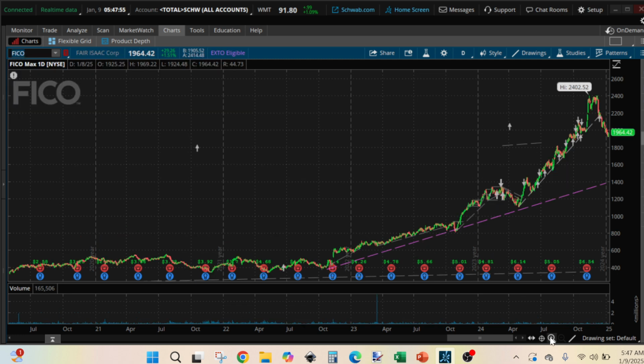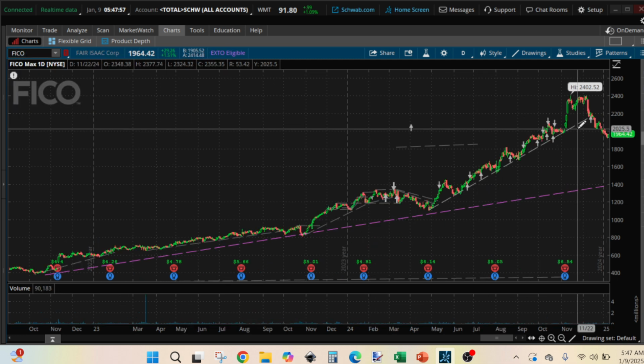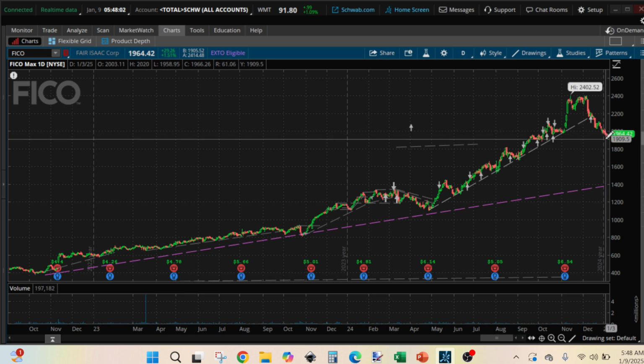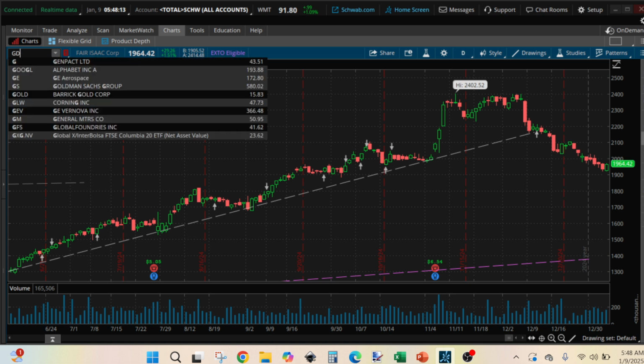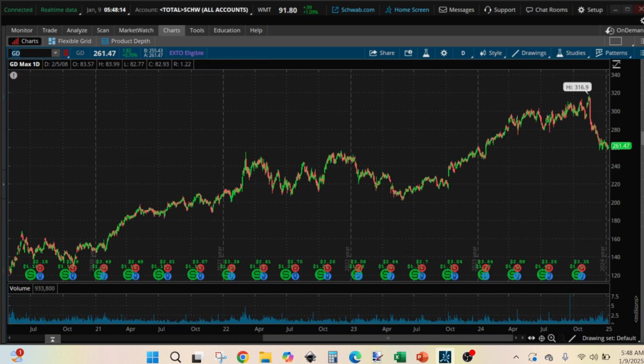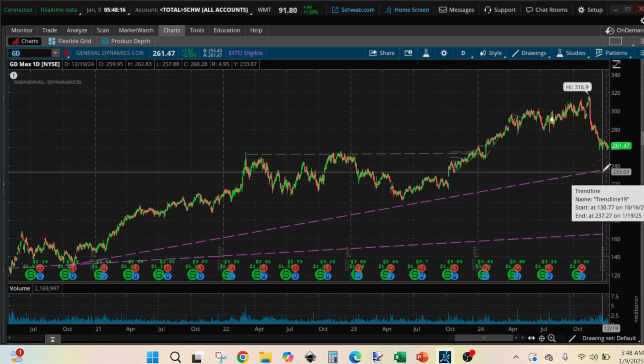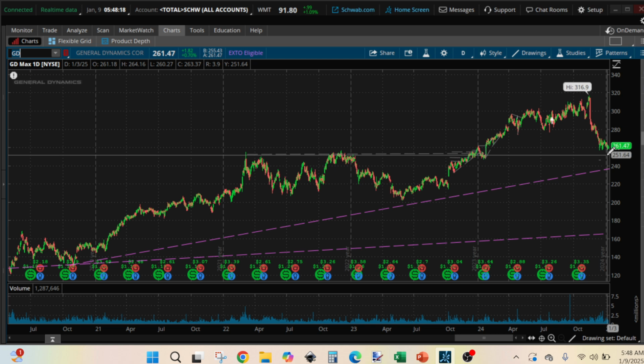FICO, we purchased it at this trend line, and the price went down. The next one is GD. GD, we like to buy it at this trend line, and it seems to be going down to it.